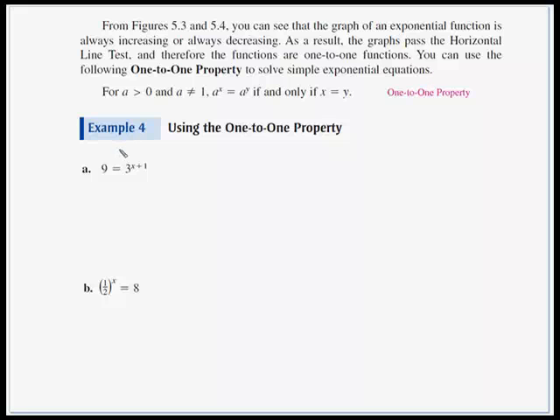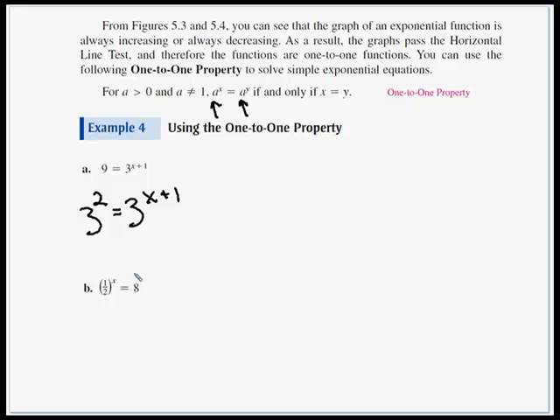Well, let's look here in example 4, part A. We have 9 equals 3 to the exponent x plus 1. Our one-to-one property says if we can get those bases the same, we can set the exponents equal. Here our base is 3, to the x plus 1 power. Is there a way I can rewrite 9 so it has a base of 3? 3 to what power is 9?